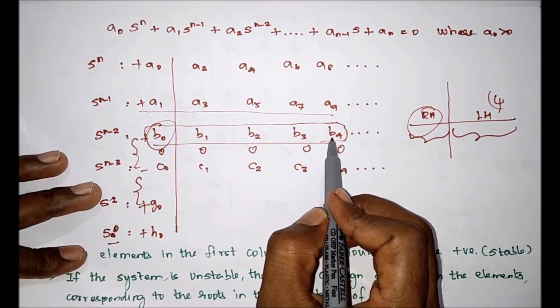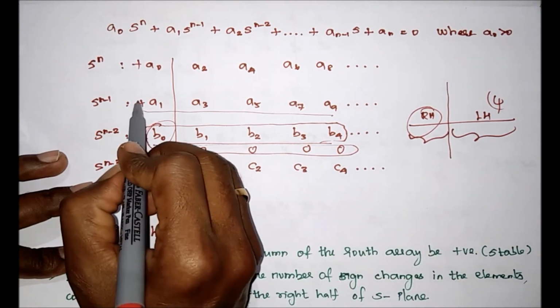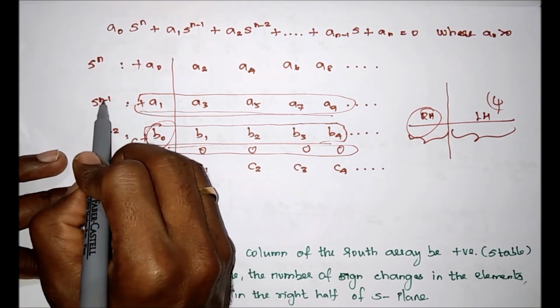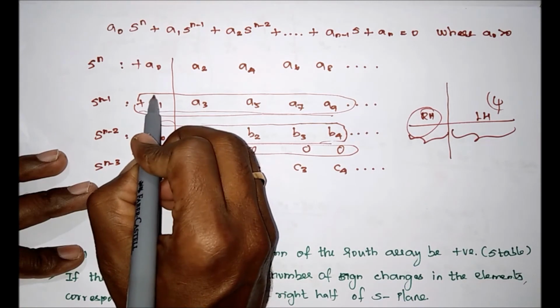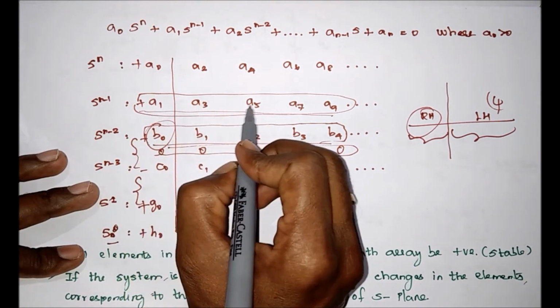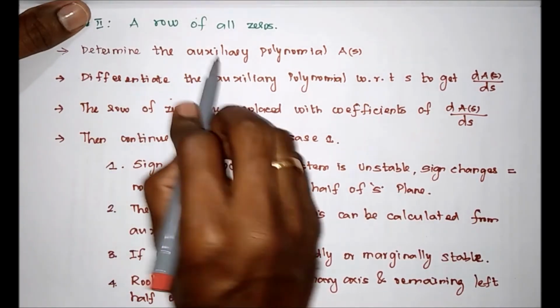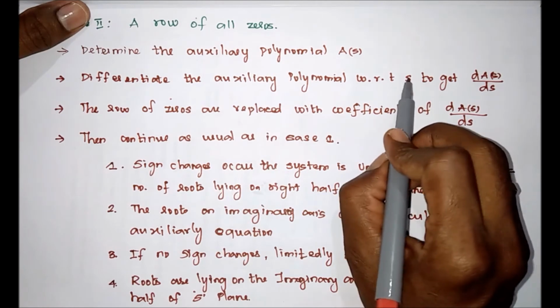While calculating, if this comes as 0, we have to take the previous row as a polynomial equation, the auxiliary polynomial. What is its power? Suppose s power 4, then we have to form s power 4 plus s power 3 plus s power 2 plus s power 1 plus the constant term. Likewise we have to form an auxiliary polynomial. Then we have to differentiate the same with respect to s.